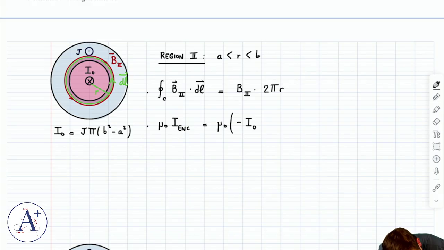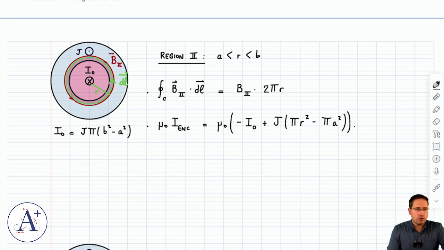In the tiny part of the blue region, right here, that has current J coming out of the page per unit area, well, first of all, it's going to be a positive amount of encircled current because it comes out of the page. It's going to be J times the right area. That area is going to be, just like it was before, pi r squared minus pi a squared.